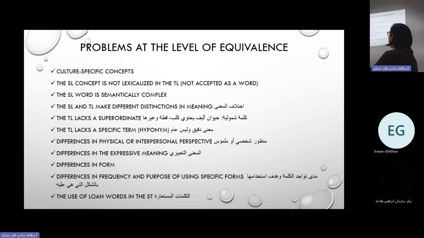The source language concept is not lexicalized. It is not a word that is accepted in the target language yet, okay? The source language word is semantically complex. شو يعني semantically؟ يعني semantics. هاي الكلمات you need to know them since the introduction to translation, okay?